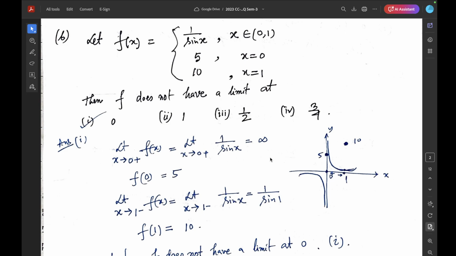And f(0) equals 5, because here f(x) equals 5 at x equal to 0.